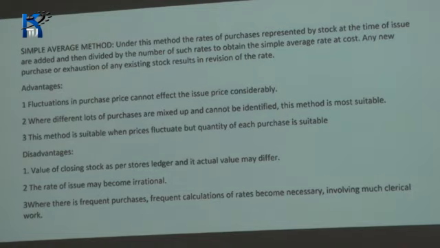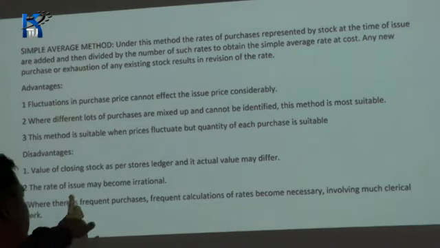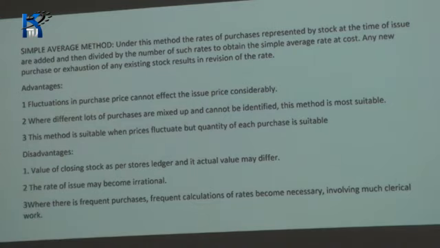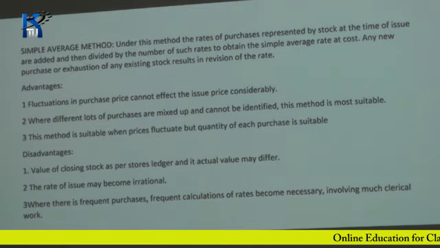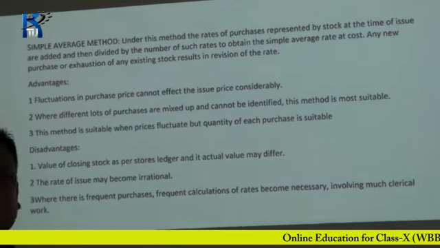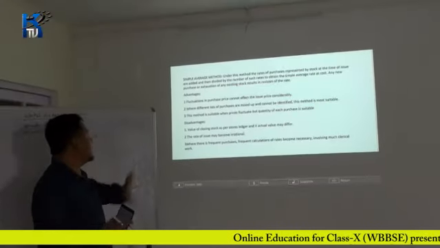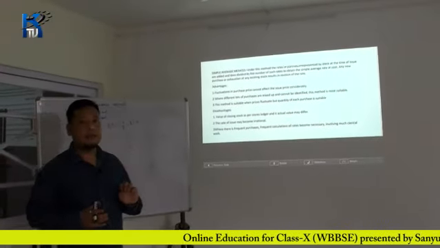Again, sometimes the rate of the issue may be irrational. And lastly, where there are frequent purchases, frequent calculation of rates is necessary. So it becomes very lengthy, cumbersome, and involves too much clerical work. So these were the advantages and disadvantages of simple average method.